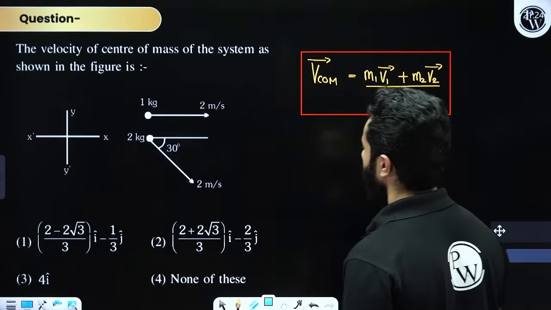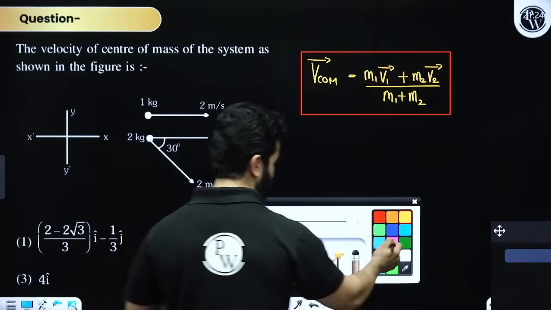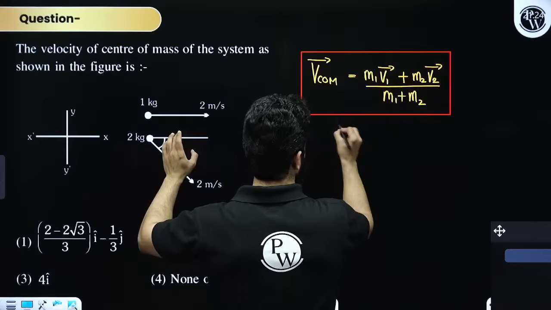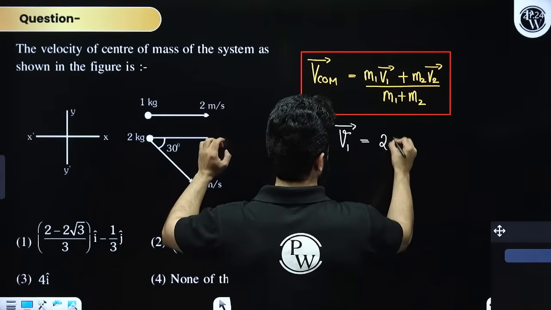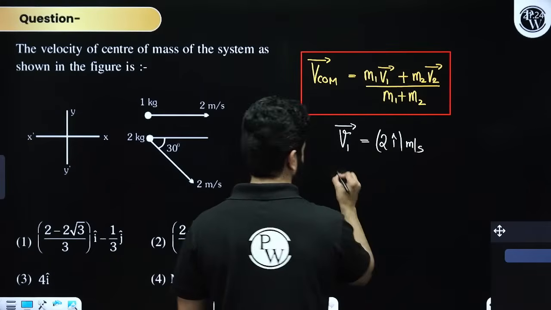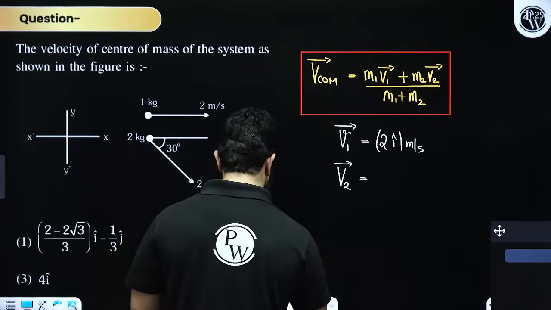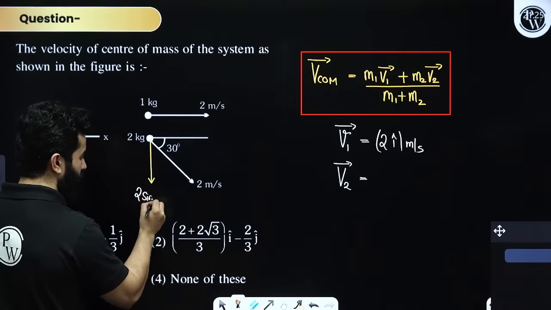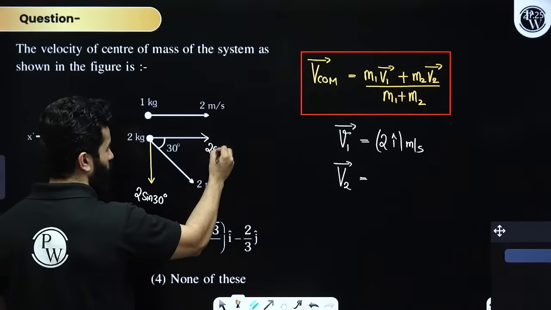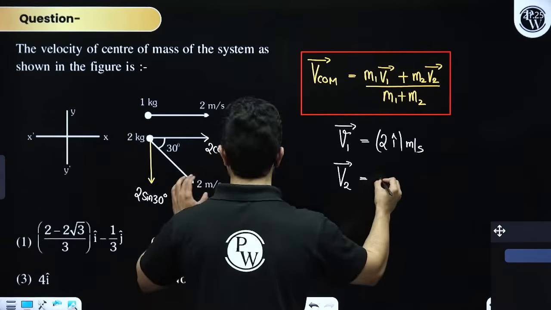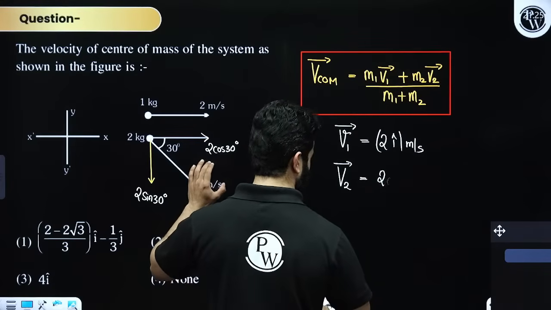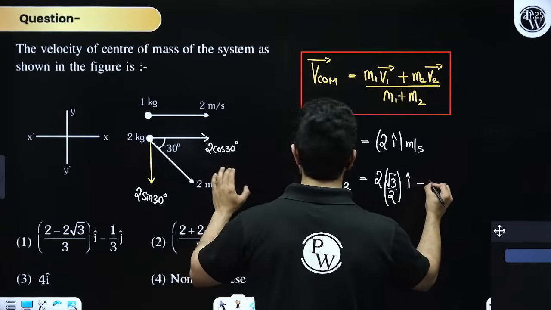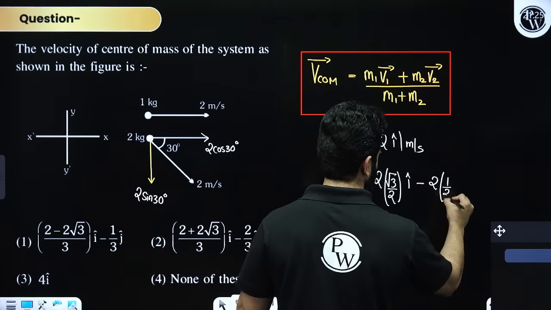First of all, let's write down v1 as 2 meter per second i cap, and v2 can be written as, now please pay attention, 2 cos 30, which is root 3 by 2, i cap, and minus 2 sin 30 j cap.